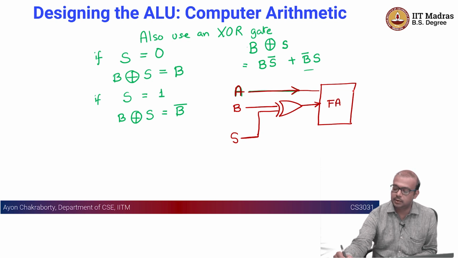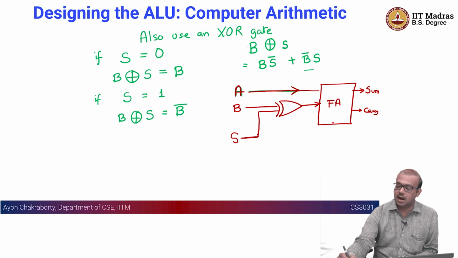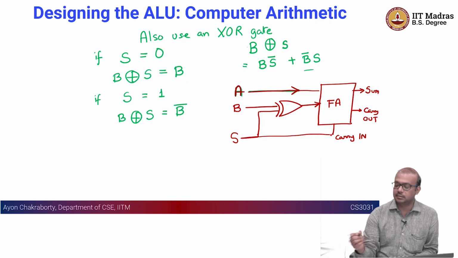You have sum and you have carry out. I'll write S for sum because it might be confusing. This is your carry in, this is carry out, and this carry in is nothing but S.